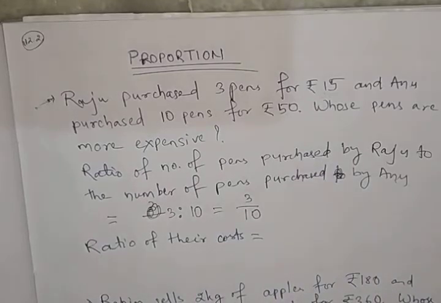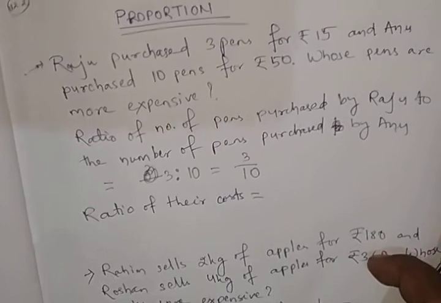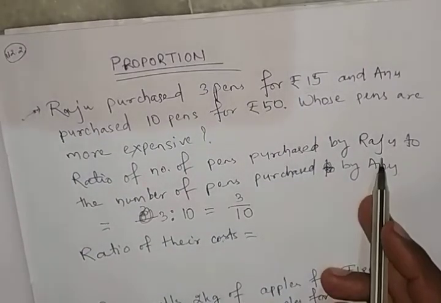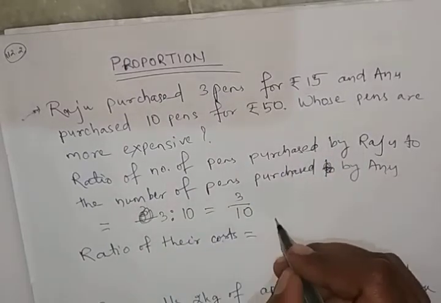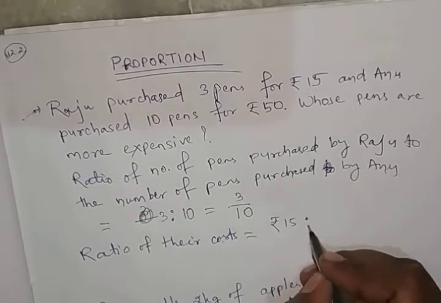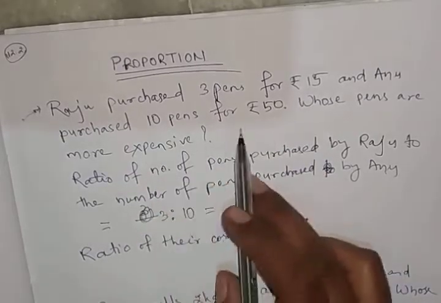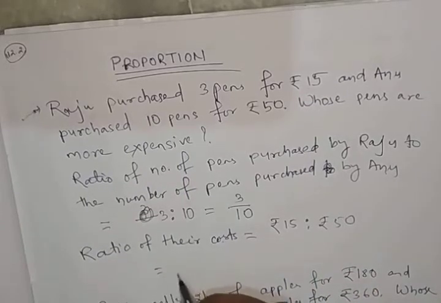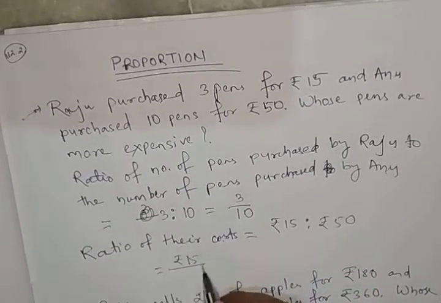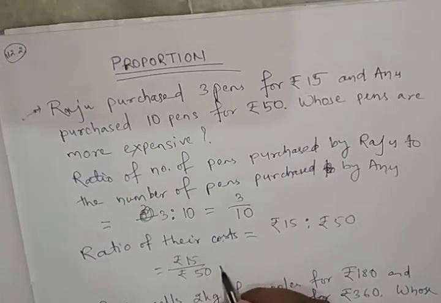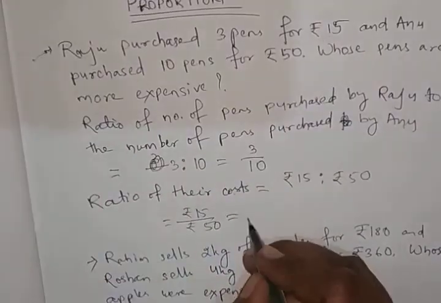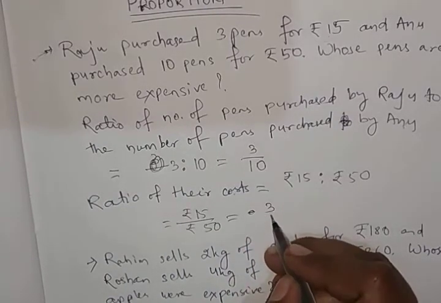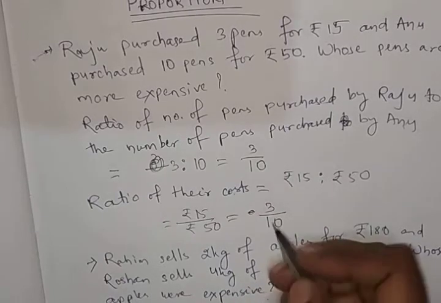Okay. Next, look at the ratio of their cost. First you put for Raju. So Raju's cost is rupees 15 is to Anu's pens' cost, rupees 50. Like this you will write the ratio, 15 by 50. Here also, what do you get? 3 by 10.